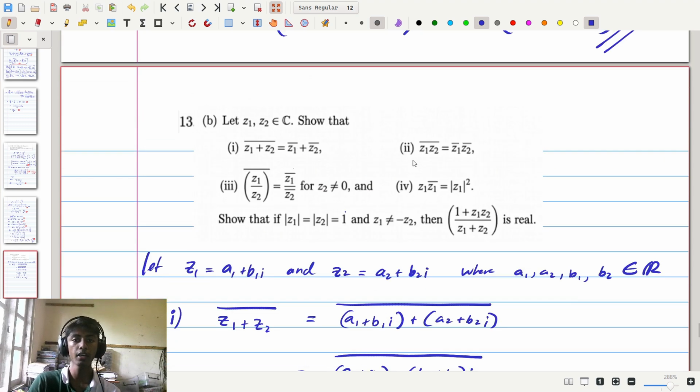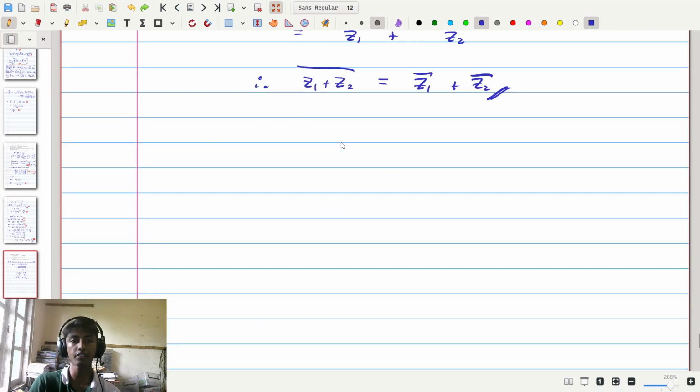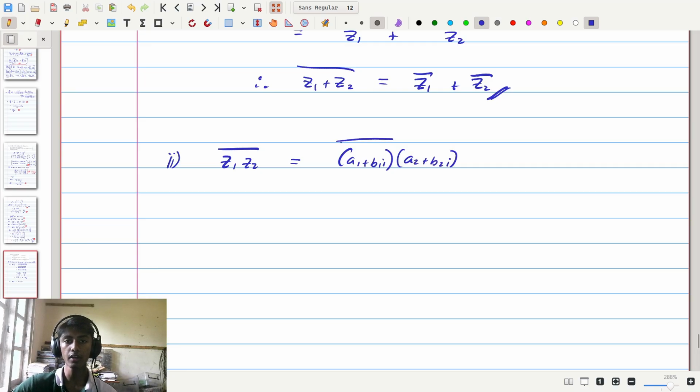Now similarly, if we take the second identity, starting from the left hand side, we can write Z1 times Z2 conjugated and substitute in the values of Z1 and Z2 in terms of A1, B1, A2 and B2. Doing so, we get A1 plus B1i times A2 plus B2i, whole thing conjugated.